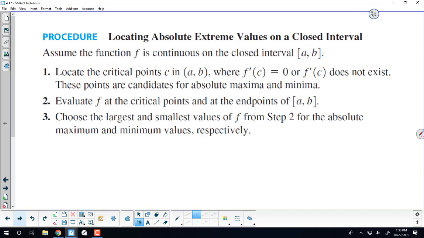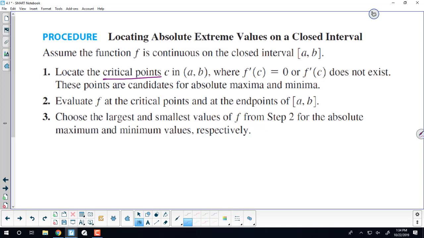So here's the procedure for locating the absolute max or min. We've got a continuous function on a closed interval, so we can guarantee both an absolute max and an absolute min. And then it says locate the critical points in the specified interval.